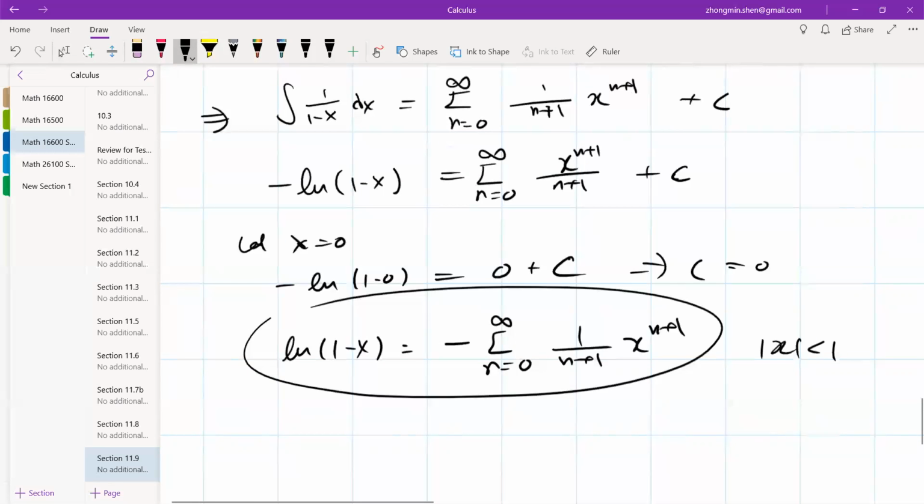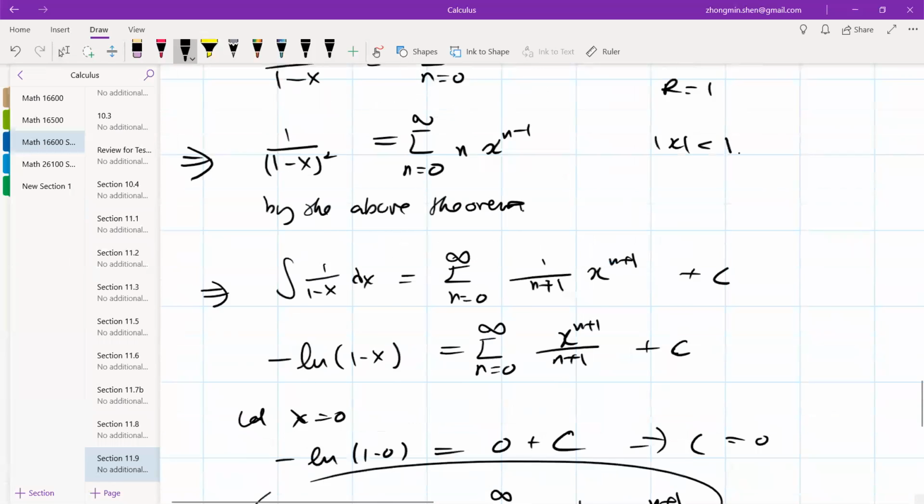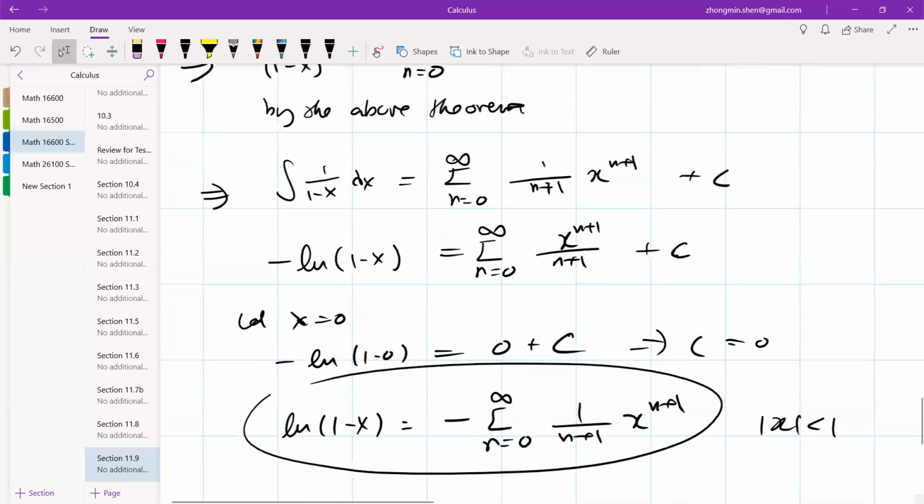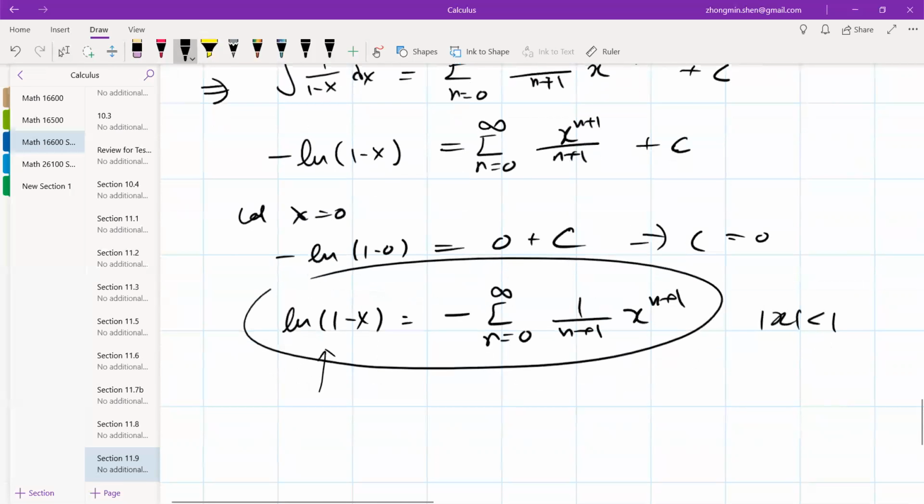The function on the left-hand side is the natural log of 1 minus x, which is only defined for x less than 1. And 1 over 1 minus x is defined for x not equal to 1.